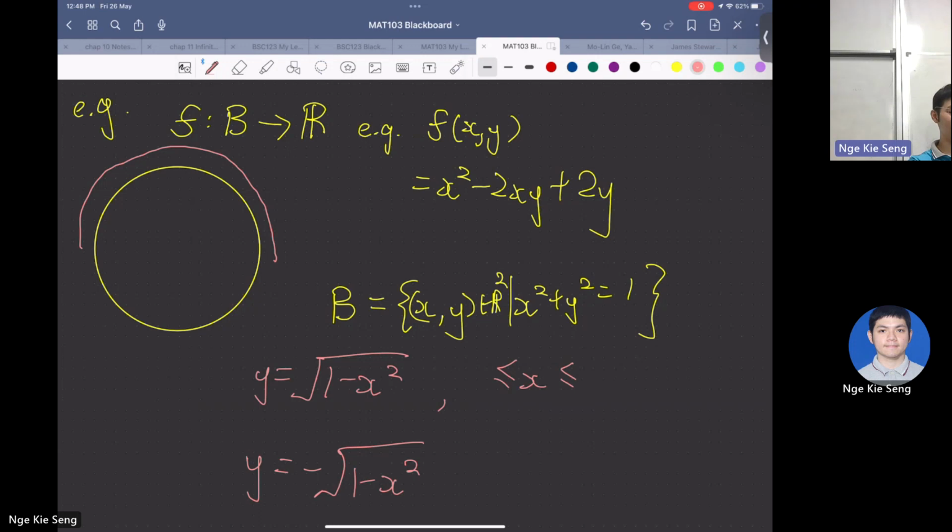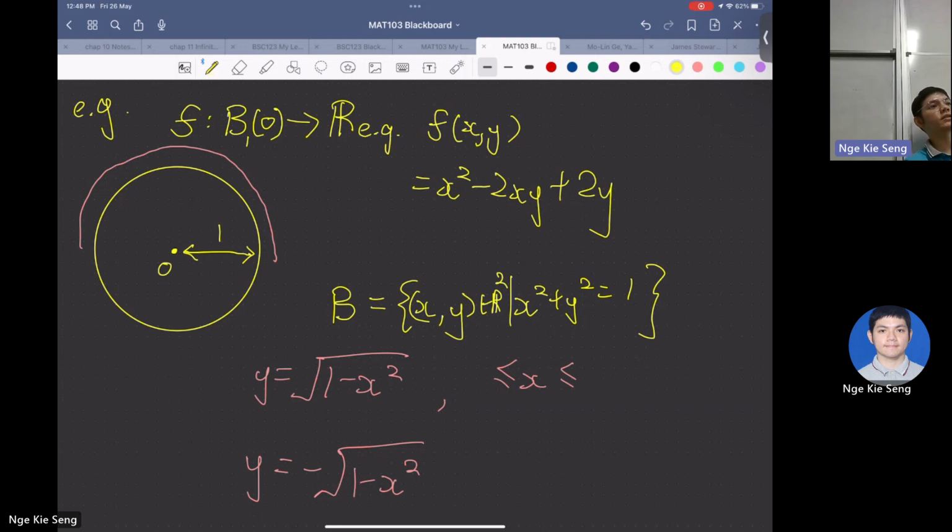Let me think. This is actually not precise yet. I want to take a ball centered at 0, so let me fill in the detail here: a ball centered at 0 with radius 1.